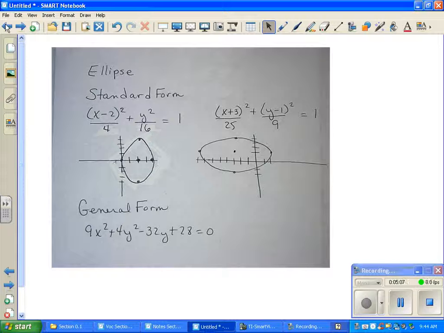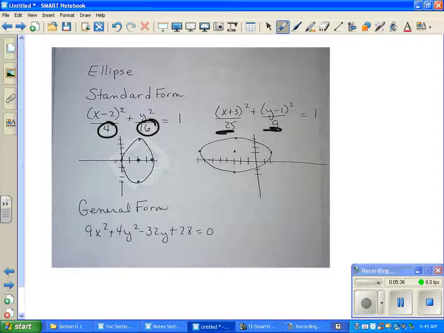And you'll notice they can be turned different ways. They can be longer up and down, or they can be longer across. How far it is from the center is really important because that's what gives it that elliptical shape. So that's going to be obvious from some of these numbers if you look at them, because wouldn't you think the y would be longer in this problem? And wouldn't you think the x would be longer in this one?